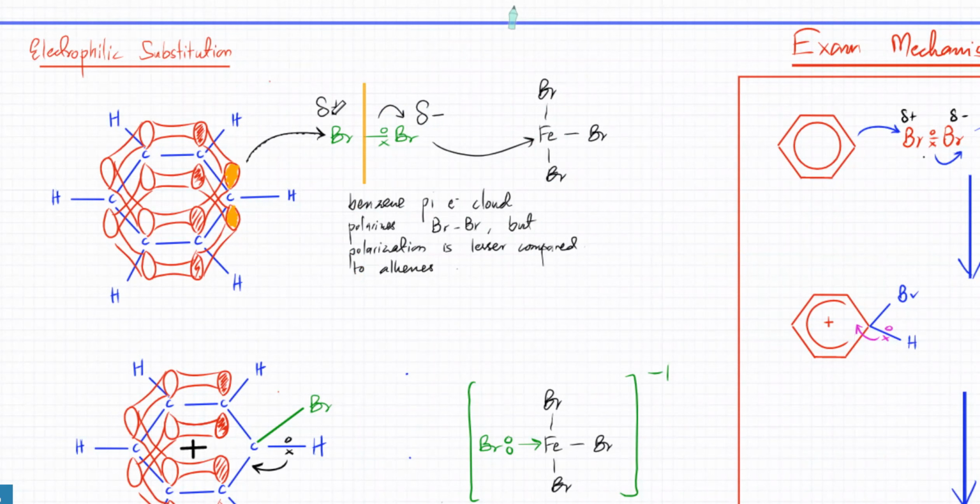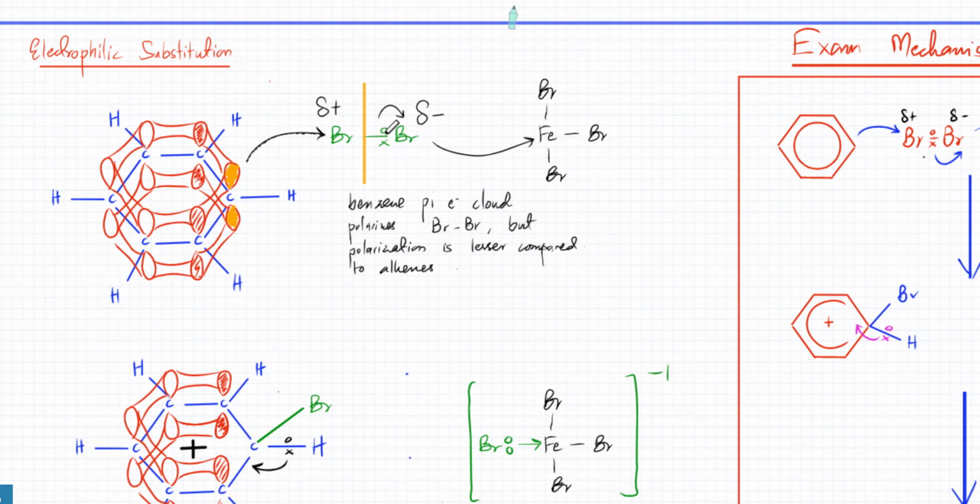This side would become negative, this side would become positive, but the polarization is not going to be very strong, because the electron density over here is not very high. So the polarization is weak. Is this clear, Simon?